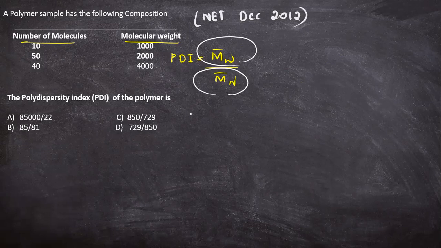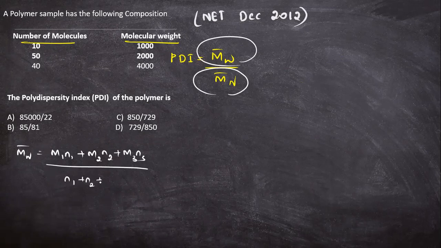So let's begin. For Mn, there are 3 types of molecules, right? So Mn is (M1N1 plus M2N2 plus M3N3) divided by (N1 plus N2 plus N3). Try to put the values. M1 is 1000, so I can write it as 10 raised to 3, into N1, which is 10.